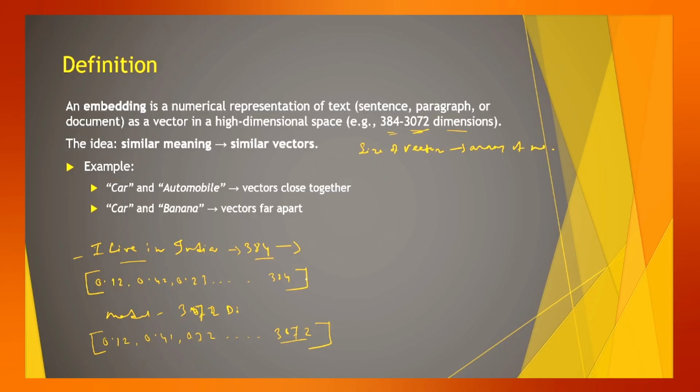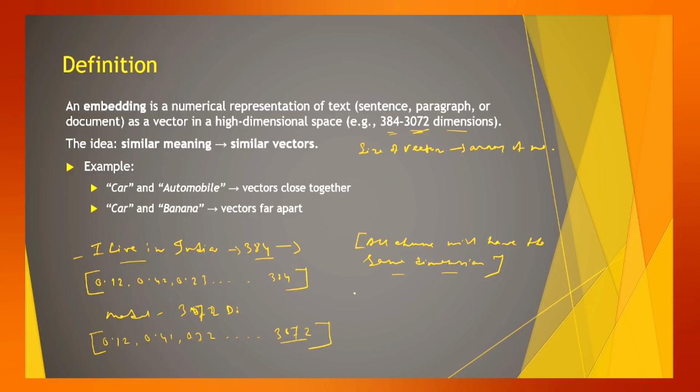Remember one more thing. When we convert all the chunks of our document using an embedding model, all chunks will have the same dimension, irrespective of the number of words or characters.